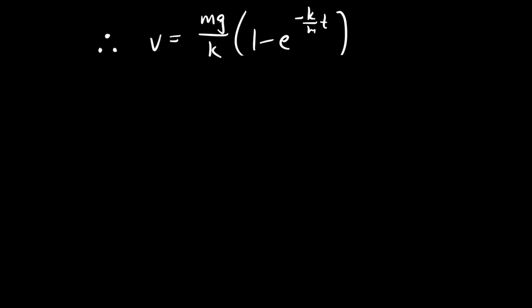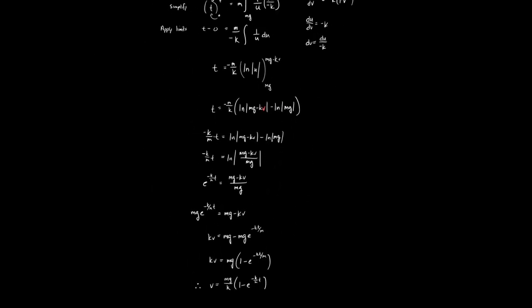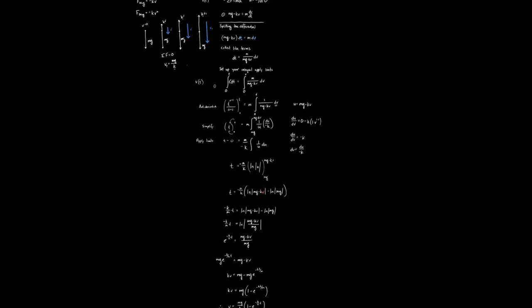They would have given this to you, and they'll say, show that velocity as a function of time is in this form. But you could also do the work. I didn't skip many steps. I was pretty explicit.